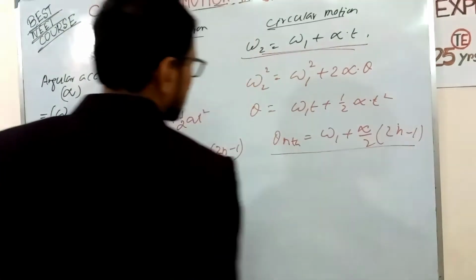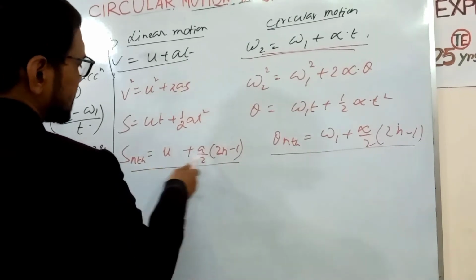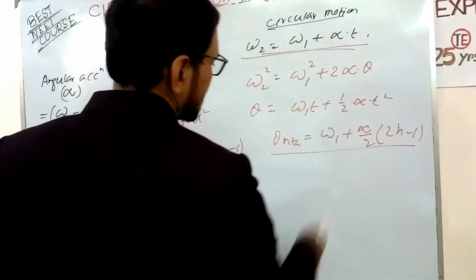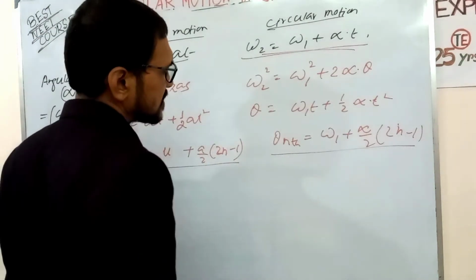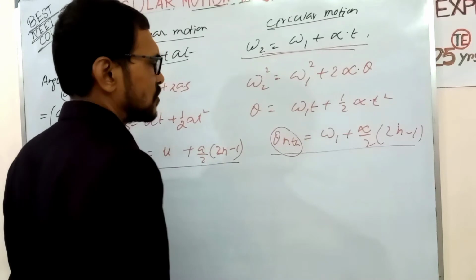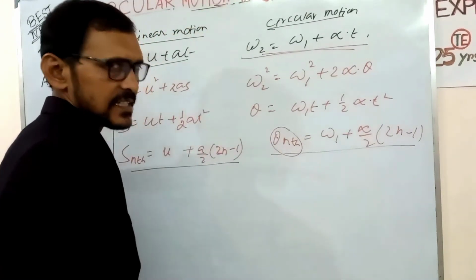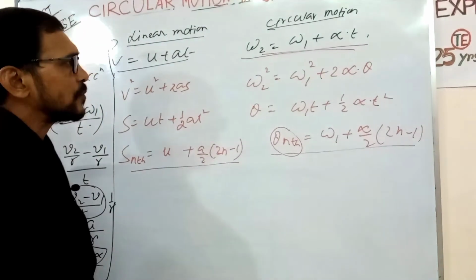This is the distance traveled in the last 1 second if the particle travels for n second, and this is the angular distance, the change of angular position or angular displacement in the last 1 second if the particle rotates for n second. So compare this equation.